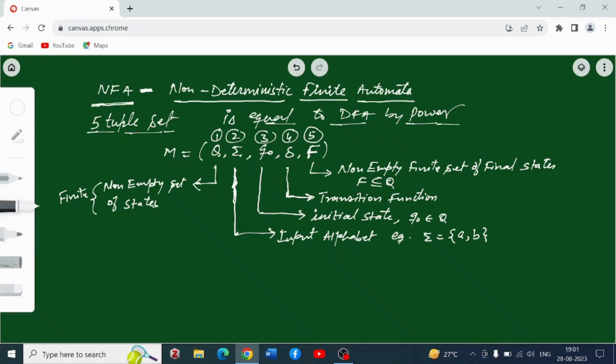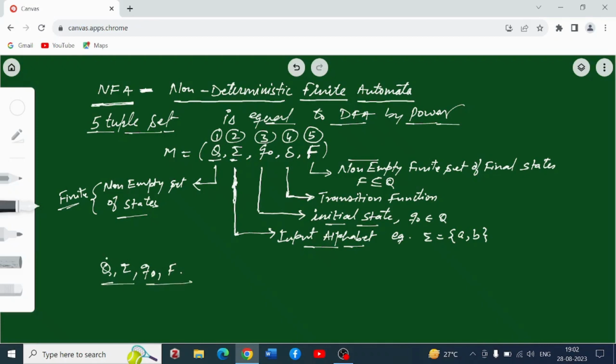It's a 5-tuple set in which 4 tuples, that is Q, which is a non-empty finite set of states, the second tuple, sigma, which is the input alphabet, the third tuple, initial state, and the fourth tuple, which is the non-empty set of final states, are similar to the DFA. So the tuples which are similar to the DFA are Q, sigma, Q0 and F.